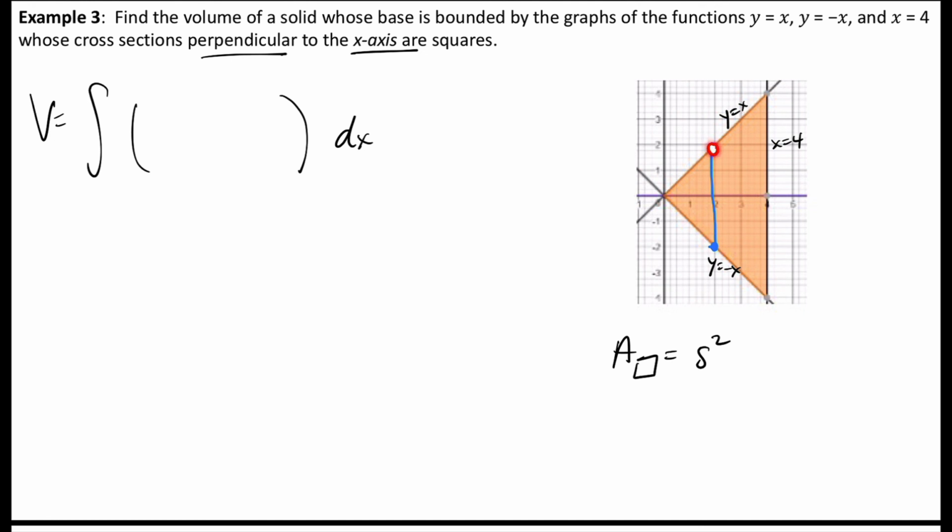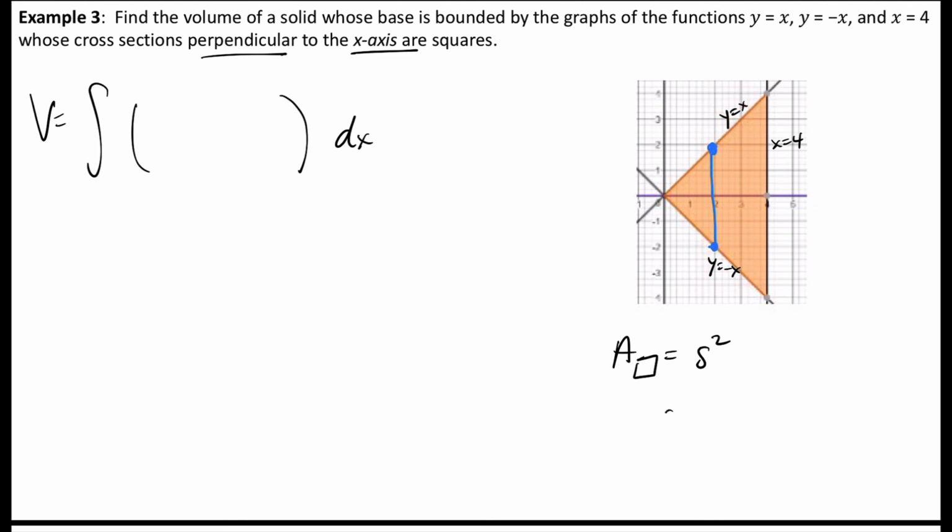So if I wanted to find the y value here and the y value here, how would I do that? I would use these guys here. I would plug in my x and solve for y. One of them would be a positive number, one of them would be a negative number. So to calculate this, I would take this guy and subtract it from that guy.